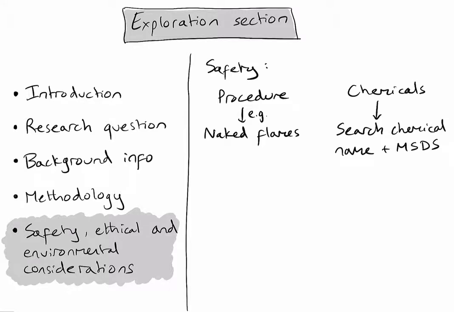It's important when you do this that you take into account the specific quantities, such as concentrations of the chemicals being used, and ensure that you find the relevant hazard. Example hazard symbols might be things like irritant or corrosive or harmful to the environment.